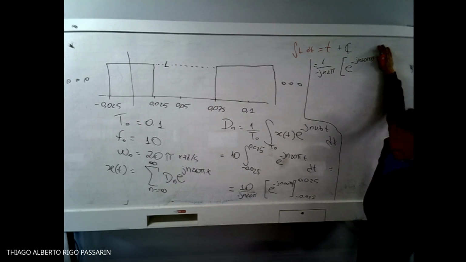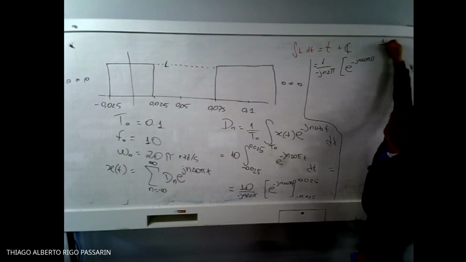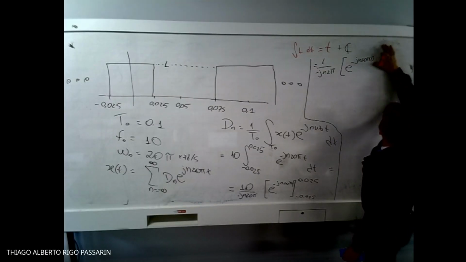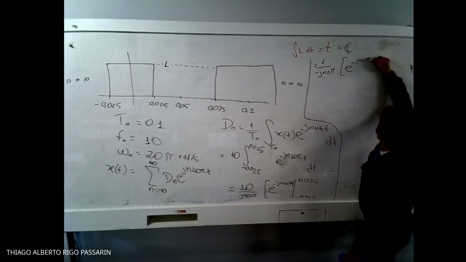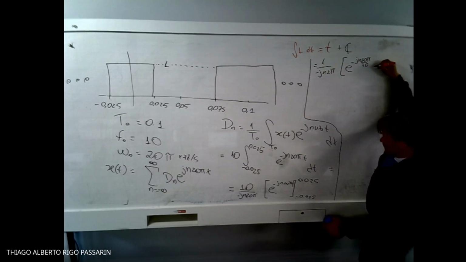It's 1 over 40. So we can do this: 20 over 40. The t will be the one over 40, minus.